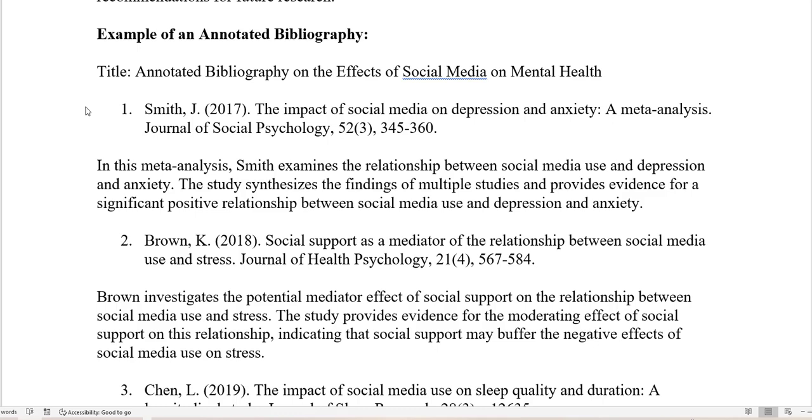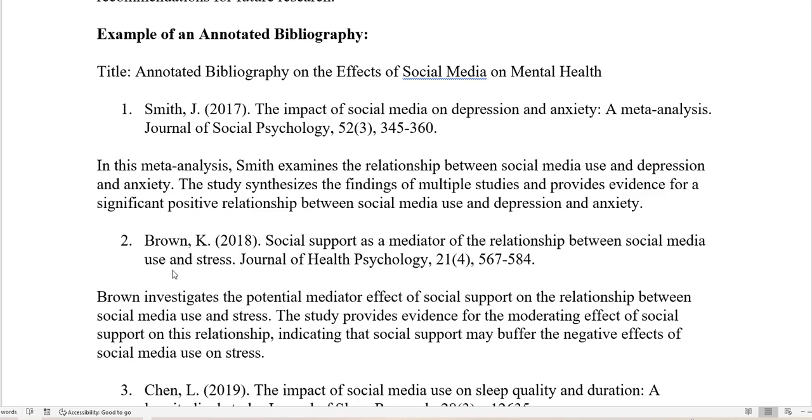So, an example of an annotated bibliography. It's at the end of the paper. Here you have your list of sources, and then you summarize each source. That's all an annotated bibliography is. In this meta-analysis, Smith examines the relationship between social media use and depression and anxiety. The study synthesizes the findings of multiple studies and provides evidence for a significant positive relationship between social media use and depression and anxiety.